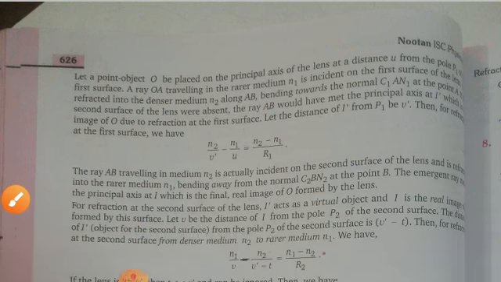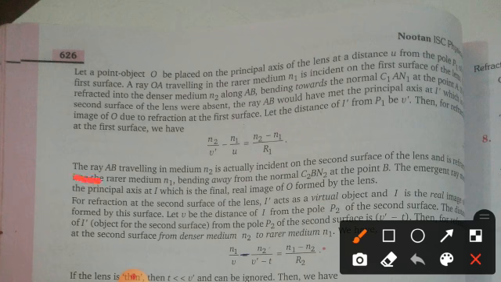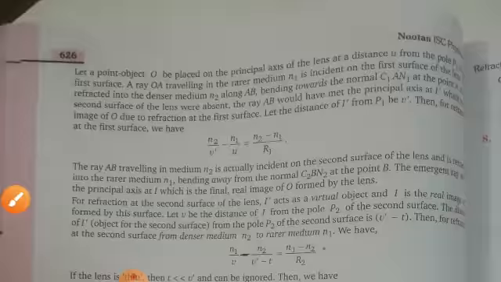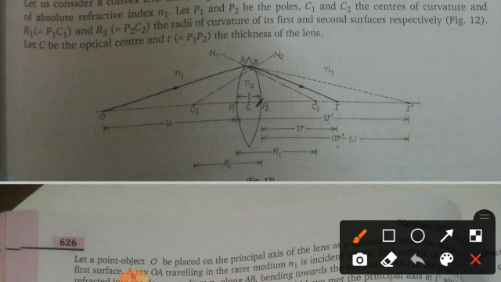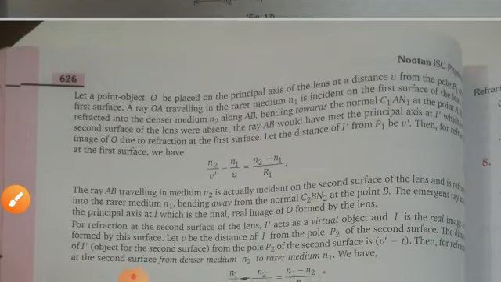The ray AB travelling in the medium N2 is incident on the second surface of the lens and is refracted into the rarer medium N1, bending away from the normal. You can see from the figure the ray is bending away from the normal C2BN2 at point B. The emergent ray meets the principal axis at I, which is the final and real image of O formed by the lens.